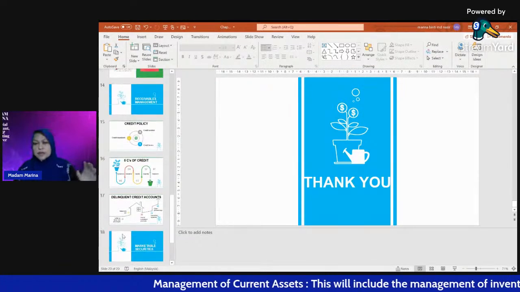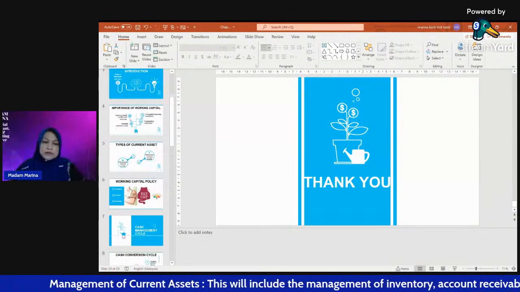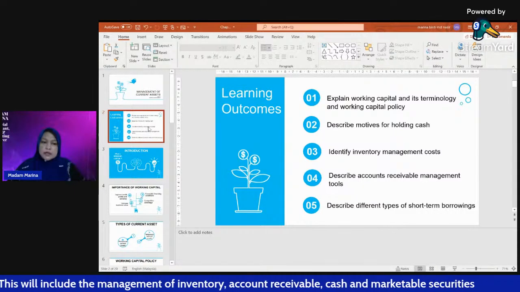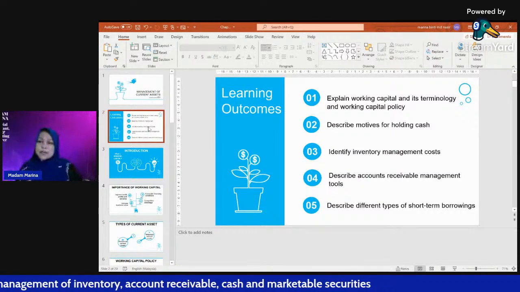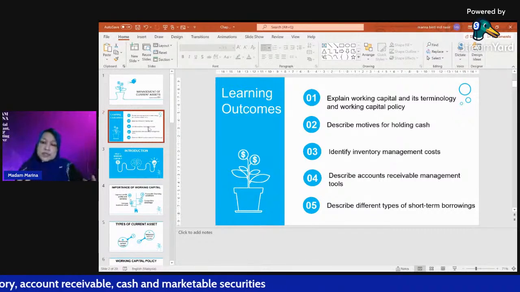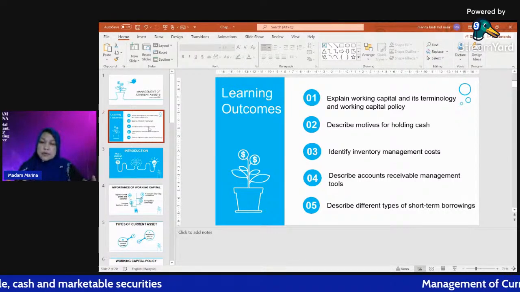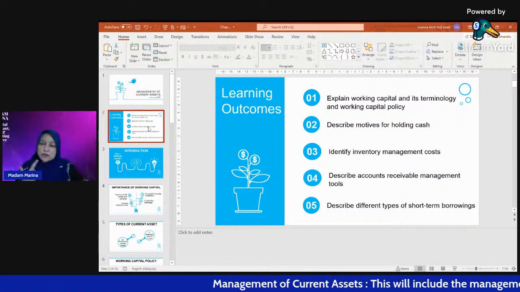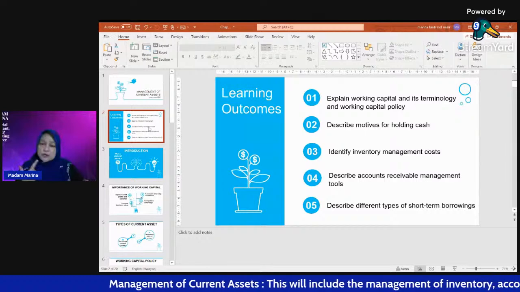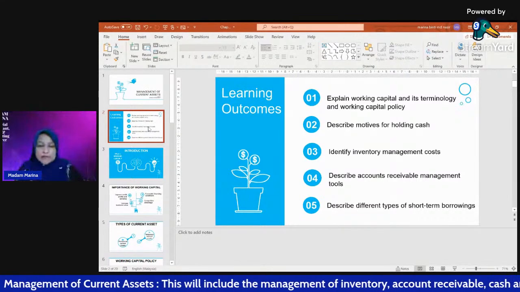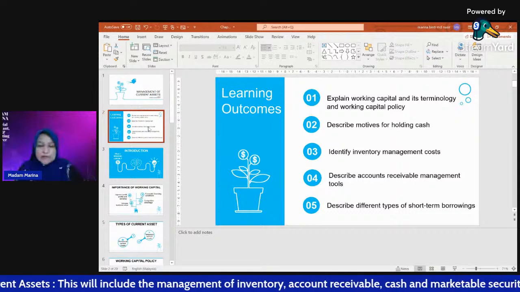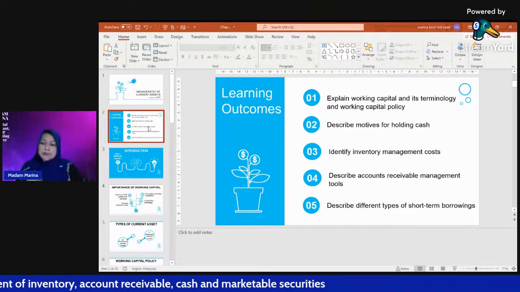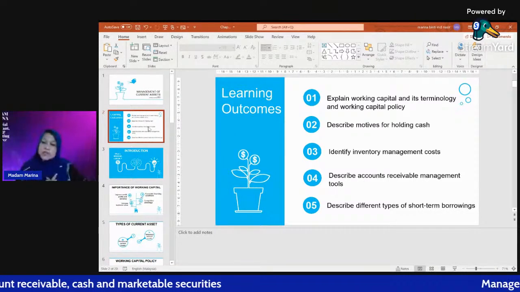Let's recap what we covered for this topic. We covered what is working capital, what is net working capital, and the working capital policy: restricted, relaxed, and moderate. Describe motives for holding cash: remember, we have precautionary motive, transaction motive, and speculative motive.